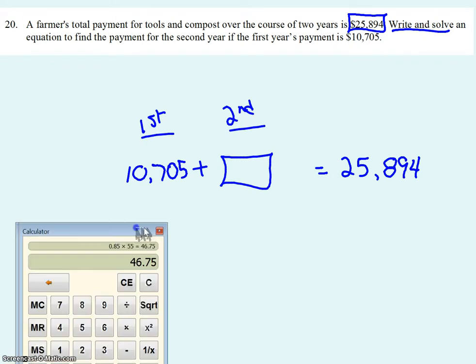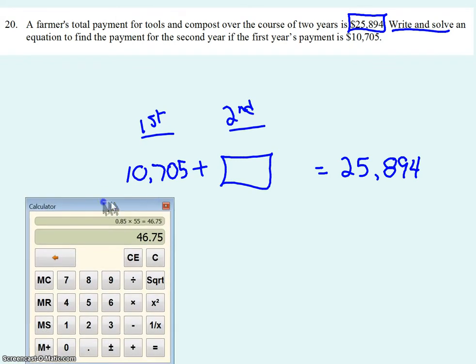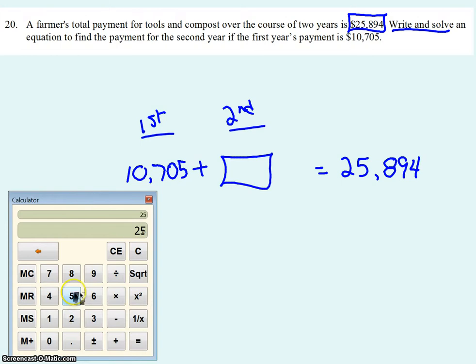So it doesn't seem very hard to see that we're just going to subtract. So $25,894 minus $10,705 gets me $15,189. And that's going to do it.